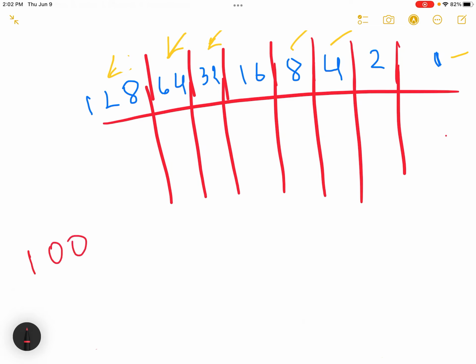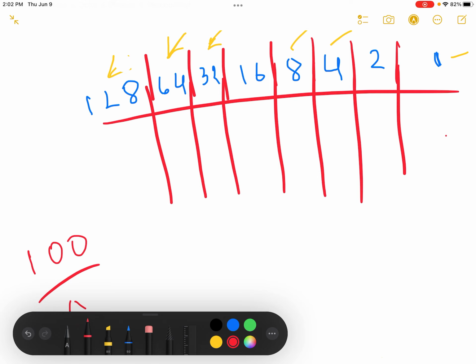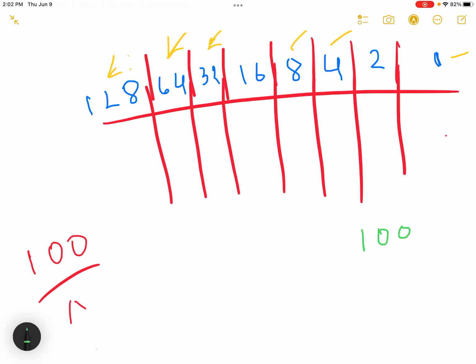What is the binary number of 100? The easiest way is to write down these numbers and subtract. Can you subtract 128 from 100?